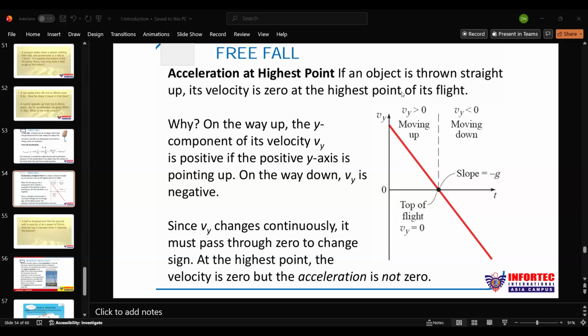Then acceleration is taken as positive in the downward direction. Acceleration at the highest point: if an object is thrown straight up, its velocity is 0 at the highest point of its flight.